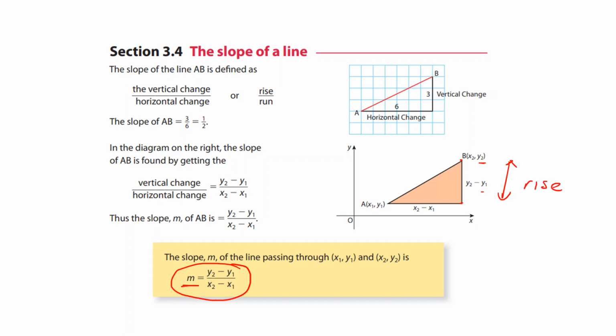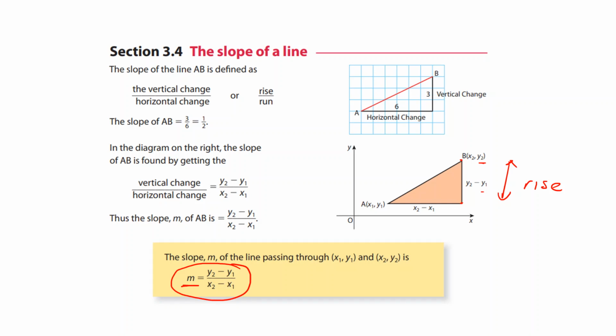We can find it by subtracting y1 from y2. And then the run is the difference between the two x values as well. So that's that part there.